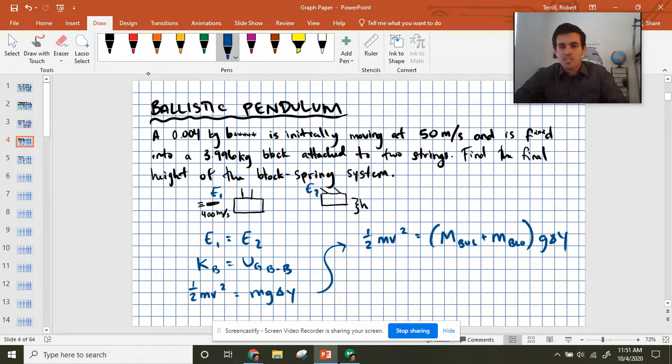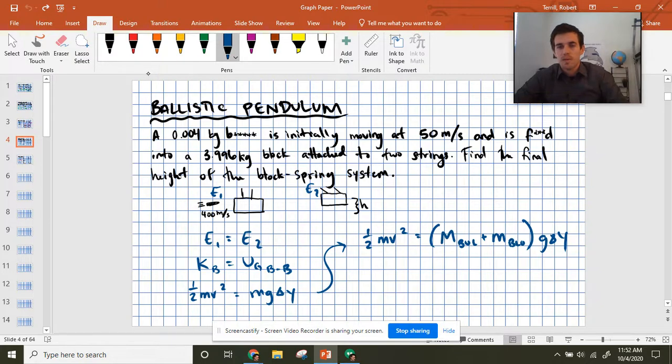So from there, I just need to solve for the initial velocity. I can do v squared equals, and then multiply both sides by 2. That would be 2 times m bullet plus m block times g delta y. Oh, I'm sorry, I'm trying to find the initial height, not the velocity. Let's go back real quick.